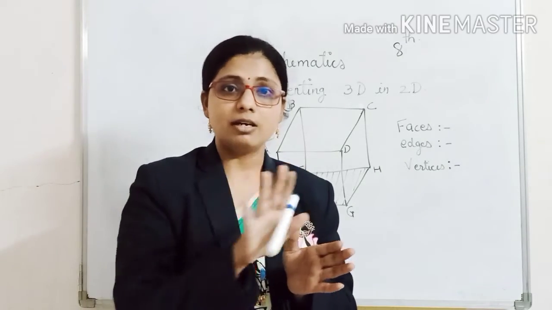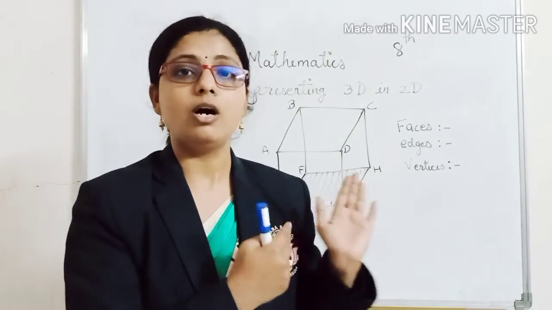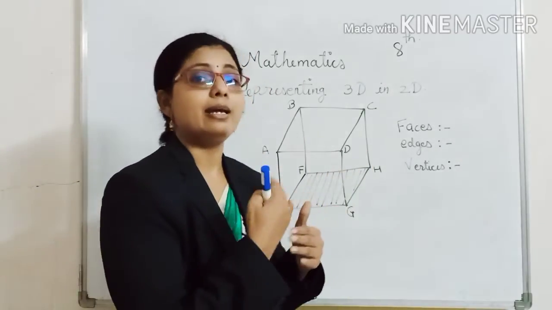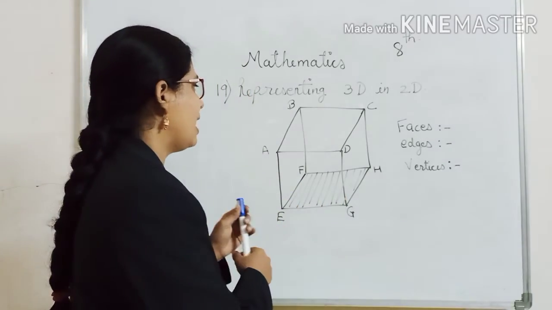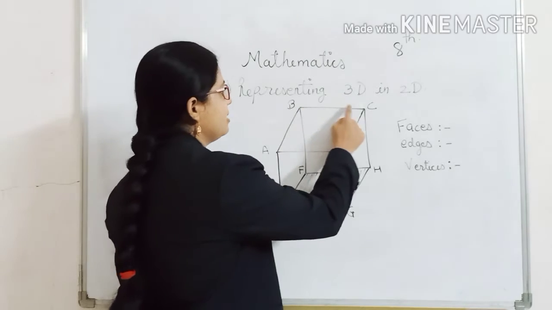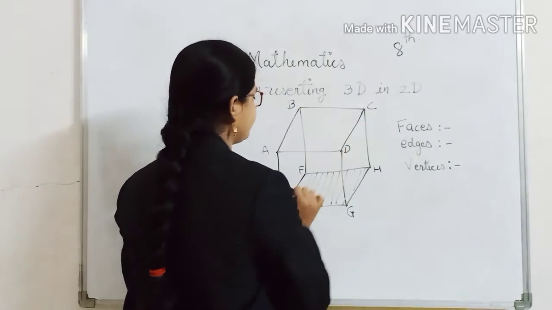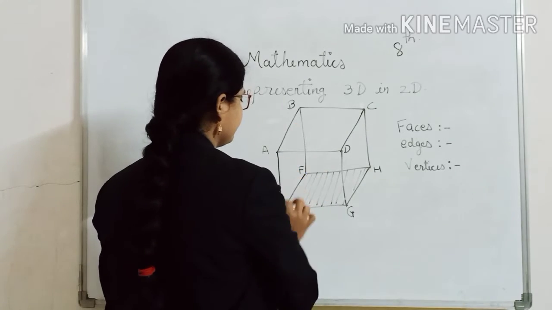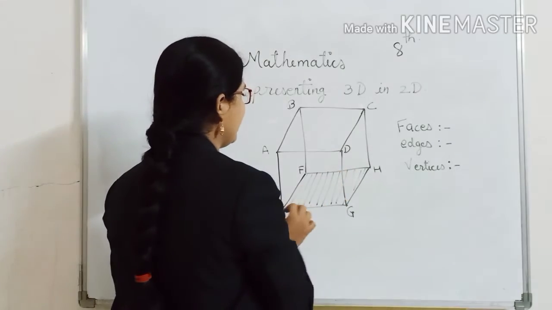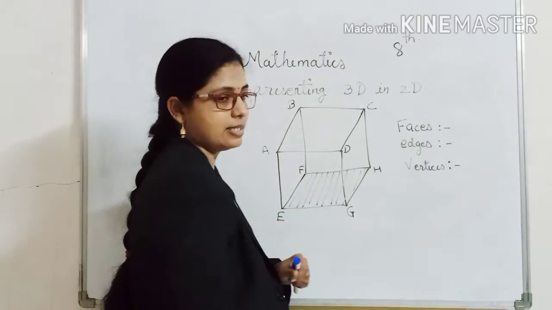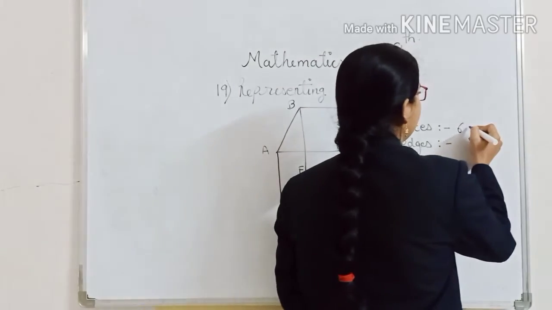Face means front portion. So what are the faces of the object? Which we are able to see, we have to write down. This is 1, this is 2, 3, 4, then 5, and again 1. This is 6. So there are 6 faces in this figure.